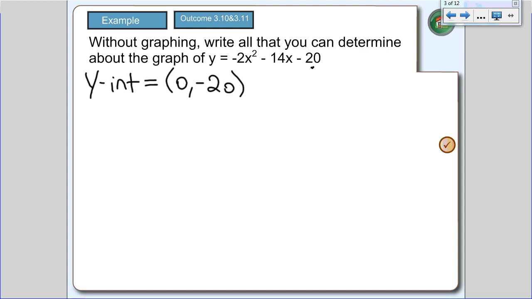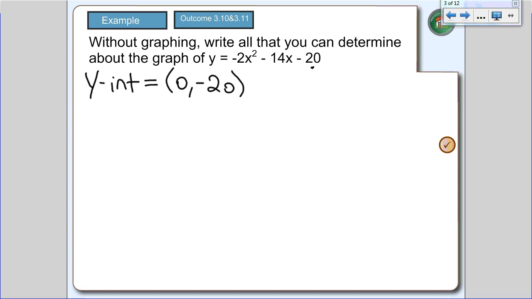Do you got a question? That's a great question. Because our a value is negative 2, will that tell us the direction it's going to go? Yeah, it opens downwards. There's a reason why both your formats have A and A, but all the other values are different.